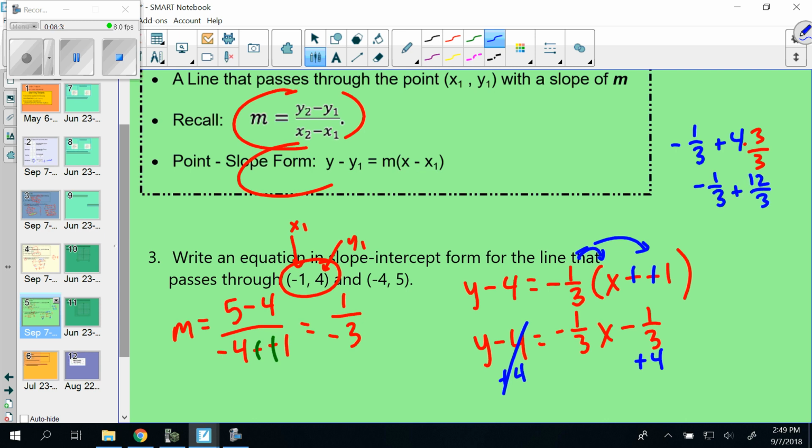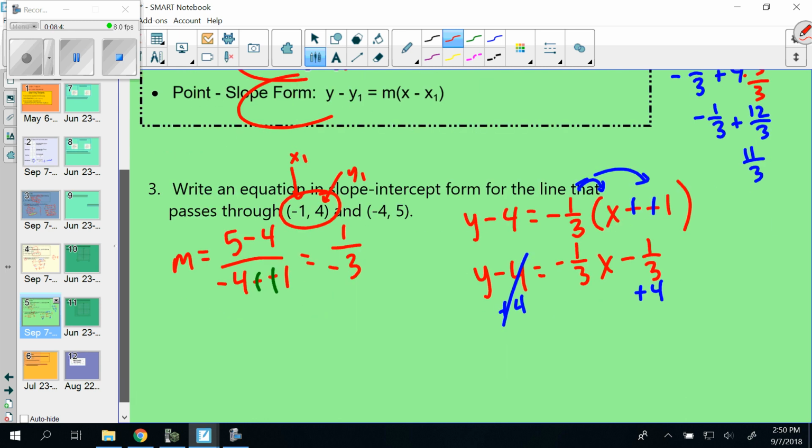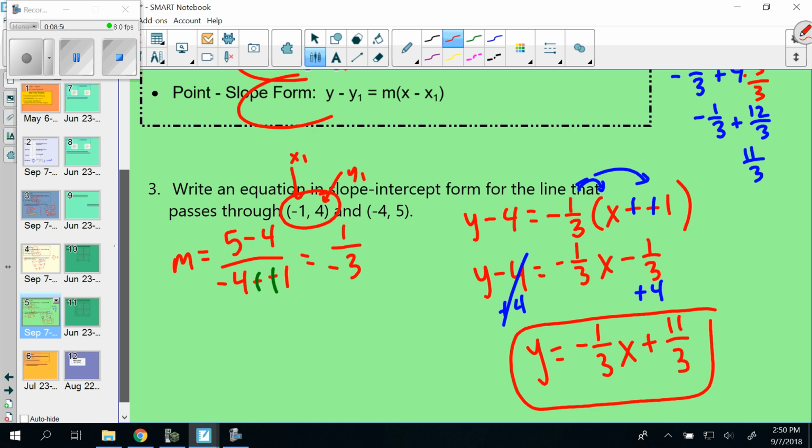Now that we have a common denominator, we can add the numerators. -1 plus 12 is 11/3. And so our answer in slope-intercept form for this one would be -1/3 x plus 11/3. So we got a fraction. This doesn't cross right at a whole number on the y-axis.